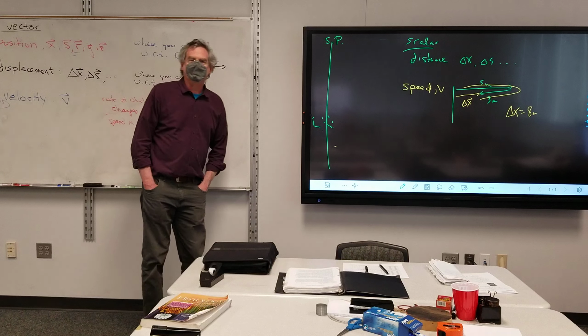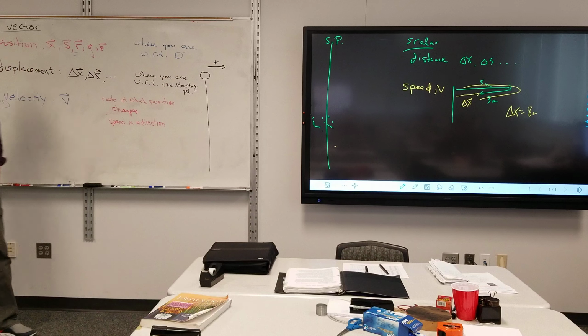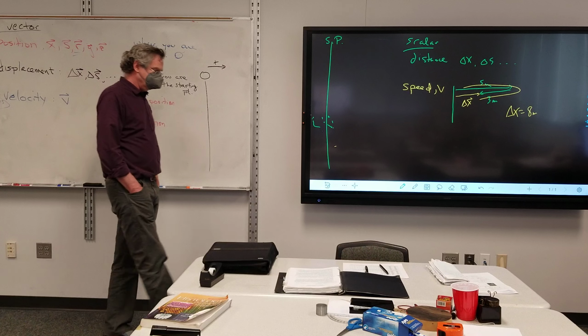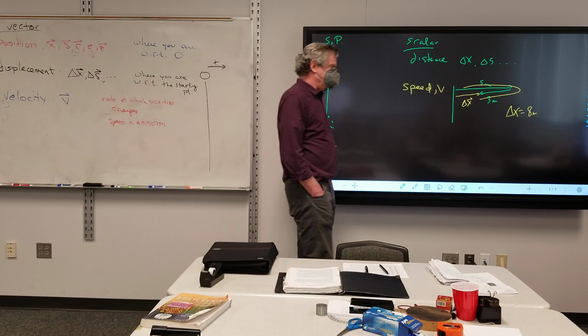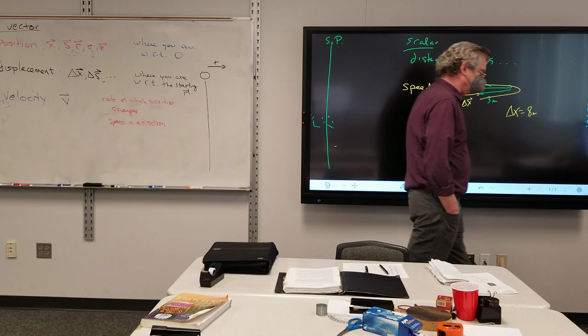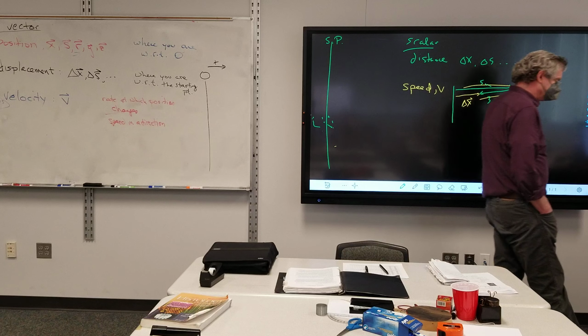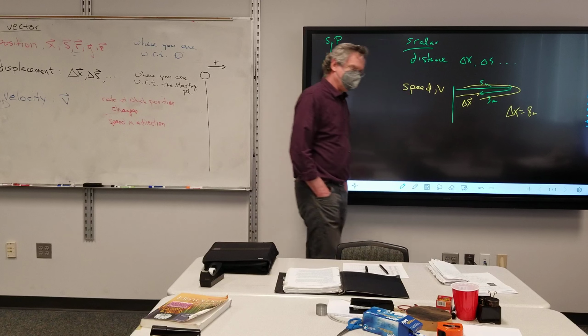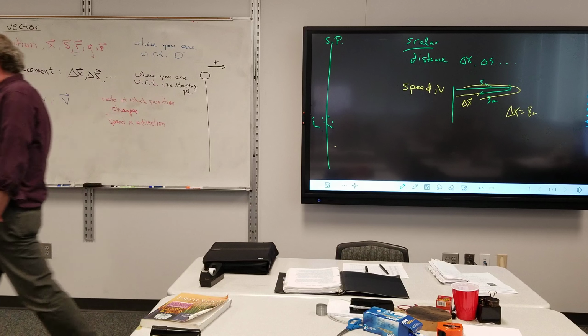Let's see if we can get more than a couple of voices here. My velocity, zero. My displacement, negative. My displacement, positive. Zero. My velocity, positive. My velocity, negative. Okay. All those are pretty well straightforward.